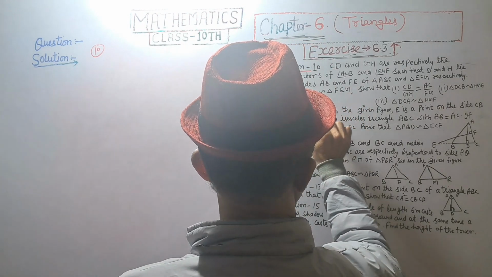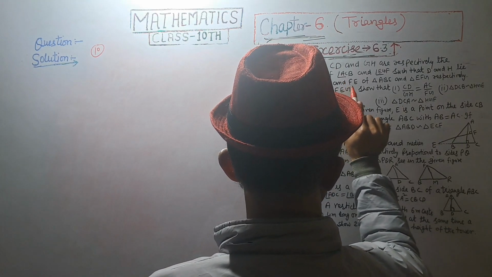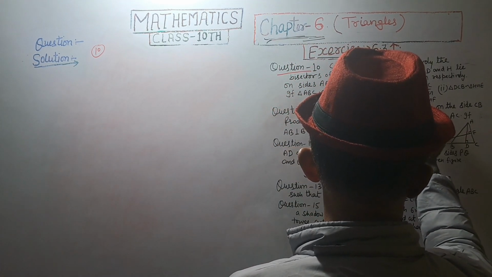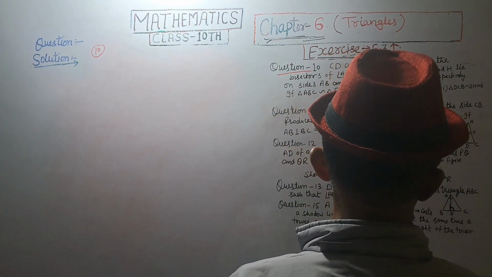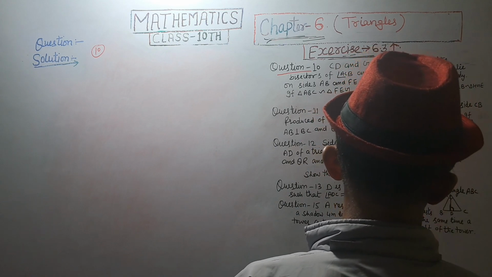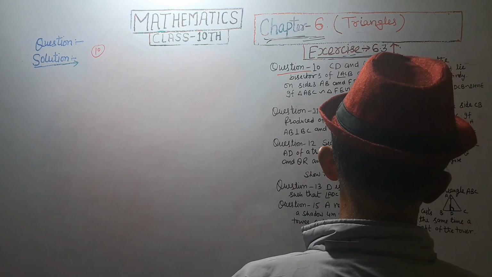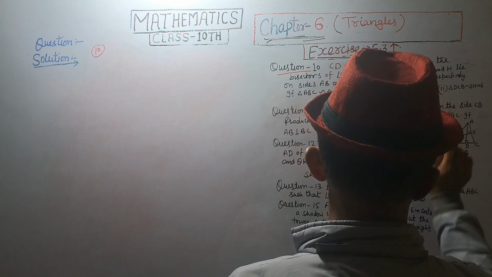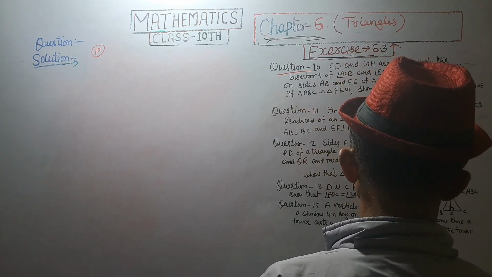If triangle ABC is similar to triangle FEG, show that CD upon GH equal to AC upon FG, and triangle DCB is similar to triangle HGE. Third, triangle DCA is similar to triangle HGF.